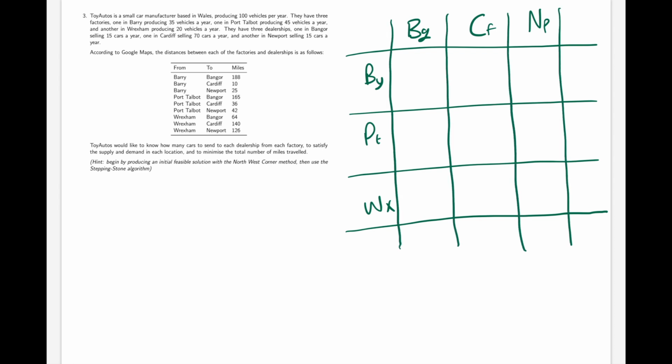Barry, Port Talbot and Wrexham can produce a certain number of vehicles per year. And Bangor, Cardiff and Newport sell a certain amount of vehicles per year. We can see that the dealerships sell 100 cars and the factories produce 100 cars. So we have equal supply and demand. And then according to the table, we know the distances of each of these routes.